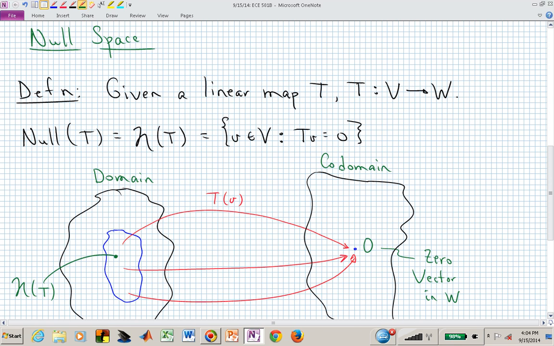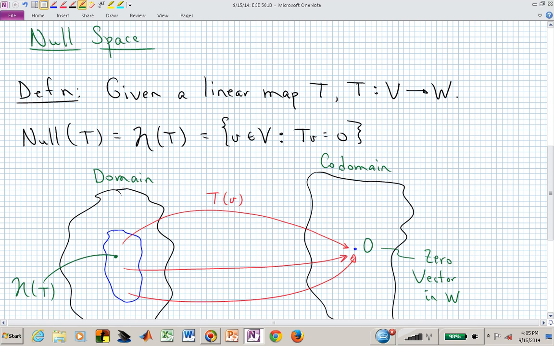That would then tell you that T is a linear map. What it really is as a map, you may have to be told more information. But the null space of T, and I may write that many different ways. I may say the null of T or script N of T. That's now this set of vectors in the domain that map to the 0 vector in the codomain.